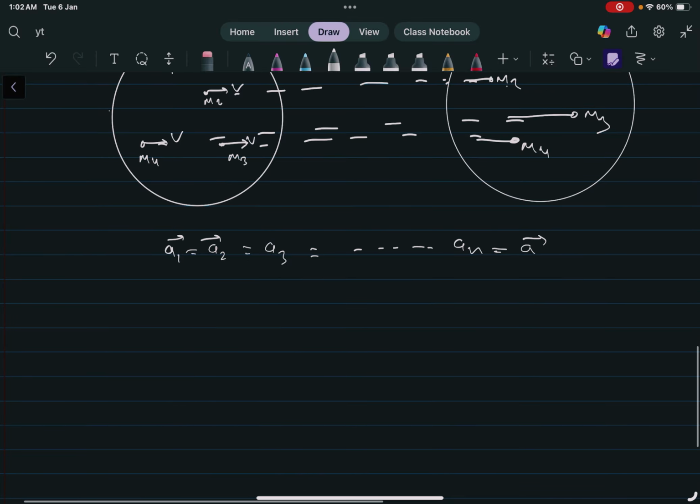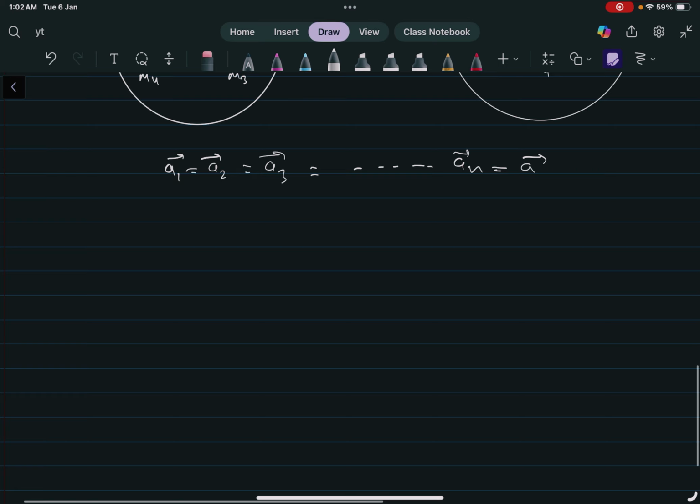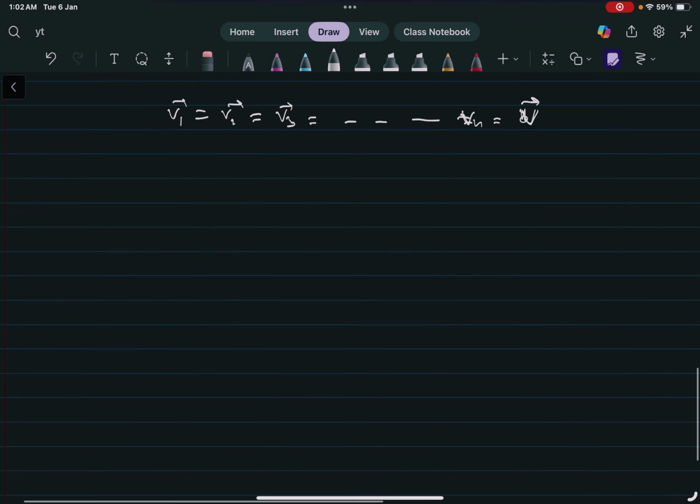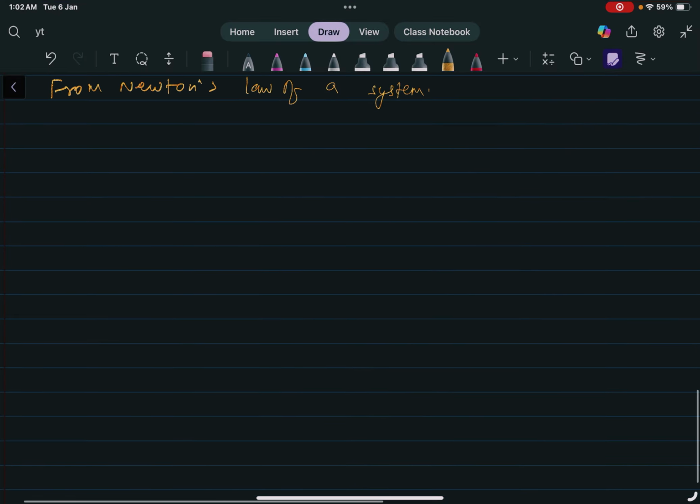And v1 vector, v2 vector, v3 vector up to vn vector are all equal to the vector v. From Newton's law for a system, what is F external?